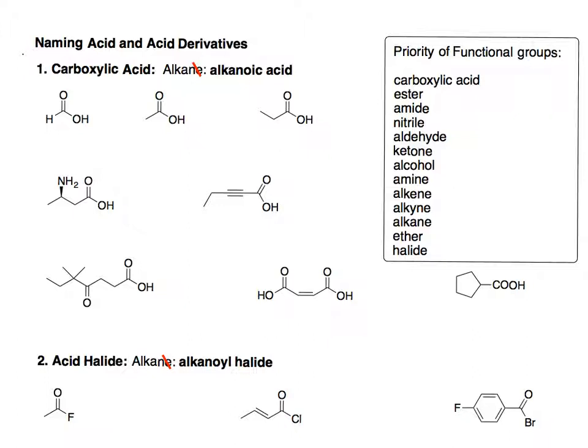For instance, the simplest carboxylic acid over here contains one carbon, and this carboxylic acid has a common name of formic acid because it's extracted from ants. Formica is ants in Latin, and the IUPAC name of this compound would be methanoic acid.